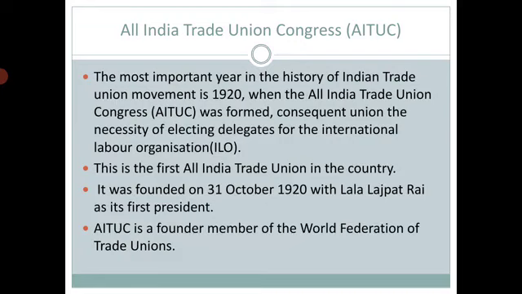So what is the role of a trade union? This is an association of workers, carried out for the purpose of protecting and advancing the members' economic interest in connection with their daily work.